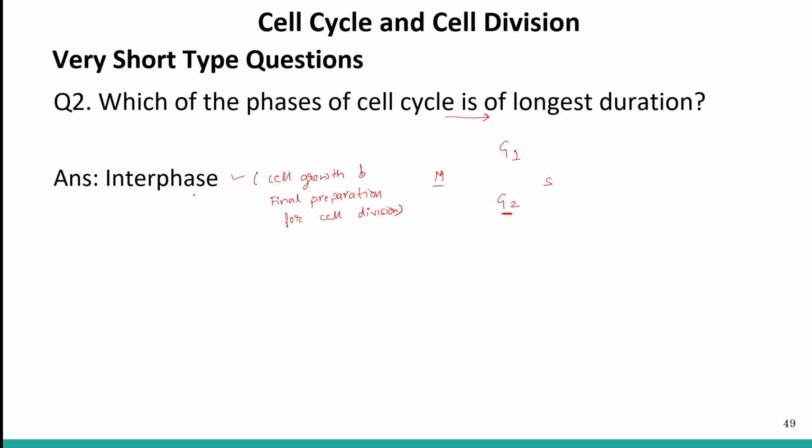So cells spend a lot of time in interphase, which comprises about 95% of the duration of the cell cycle. So it is the longest phase of the cell cycle.